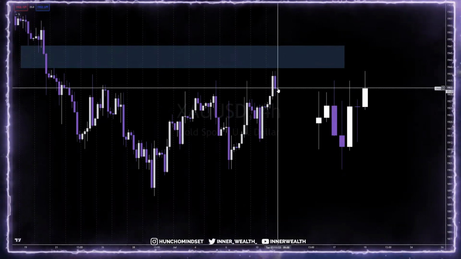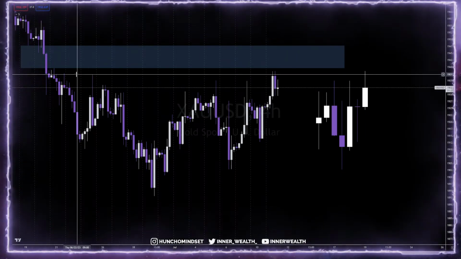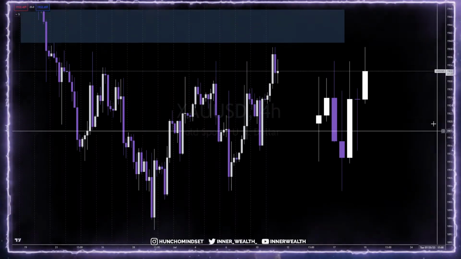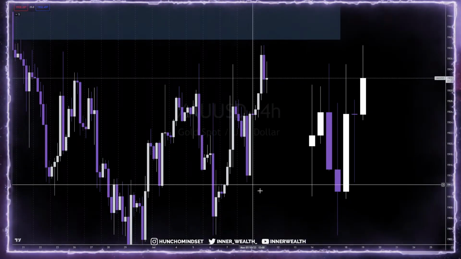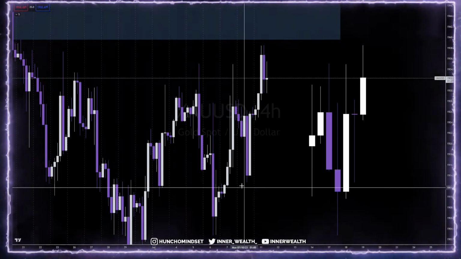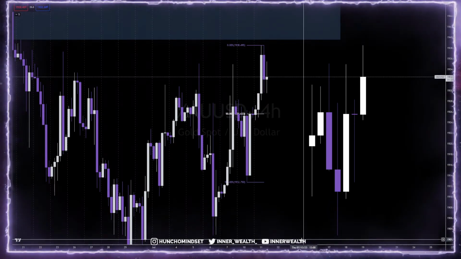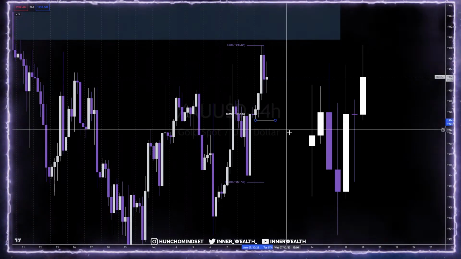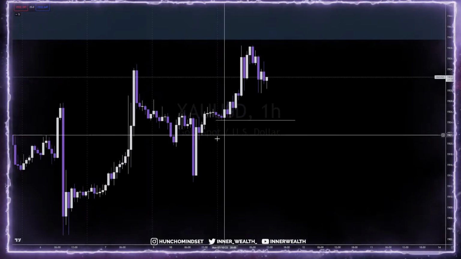Some may think that this is a little too high, but I feel like it's very attractive given that we have liquidity to the upside. Double tops up there. This whole range here gets my attention at 50% or below. Ideally, that's what I would like to see.